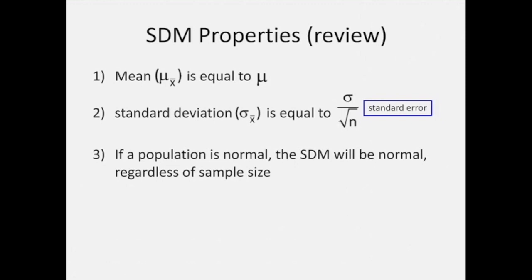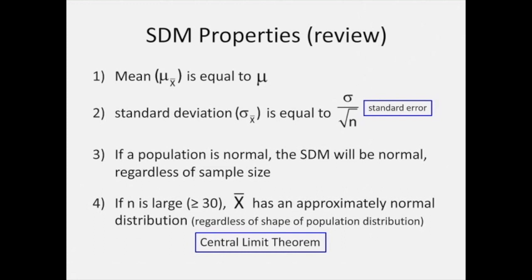We also know that if a population of scores is normally distributed, then the sampling distribution of the mean will also be normal, no matter how small our sample size. Finally, the central limit theorem tells us that if our sample size is large enough, 30 or more, then the sampling distribution of the mean will be normal, no matter what the shape of the population distribution. All of this is important because it allows us to develop the model that represents the null hypothesis.